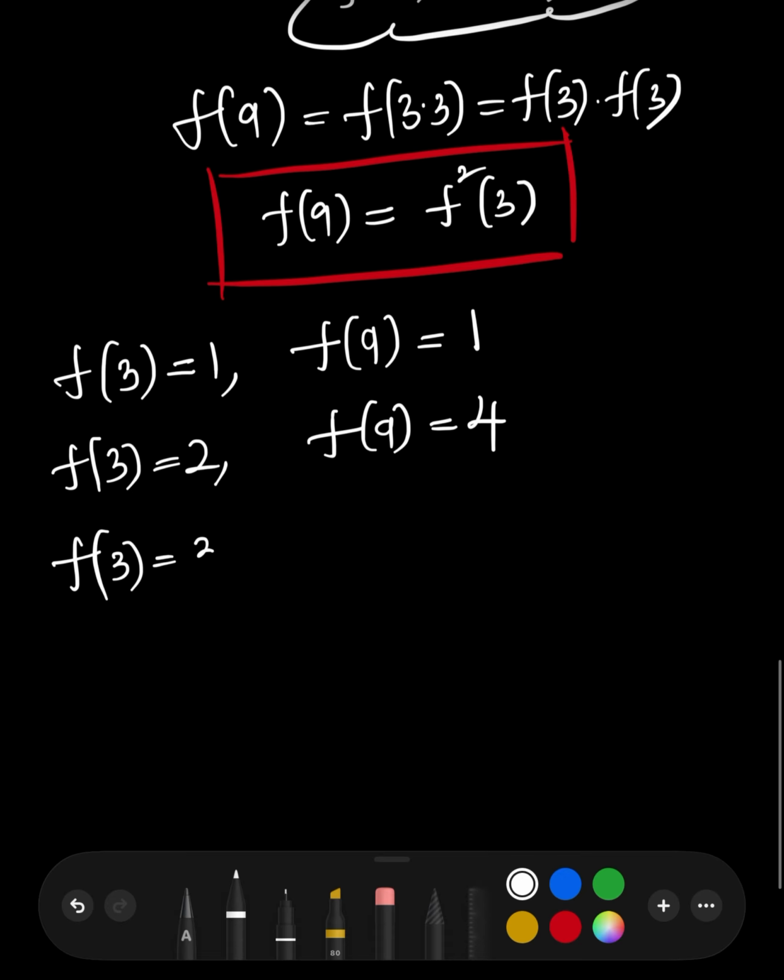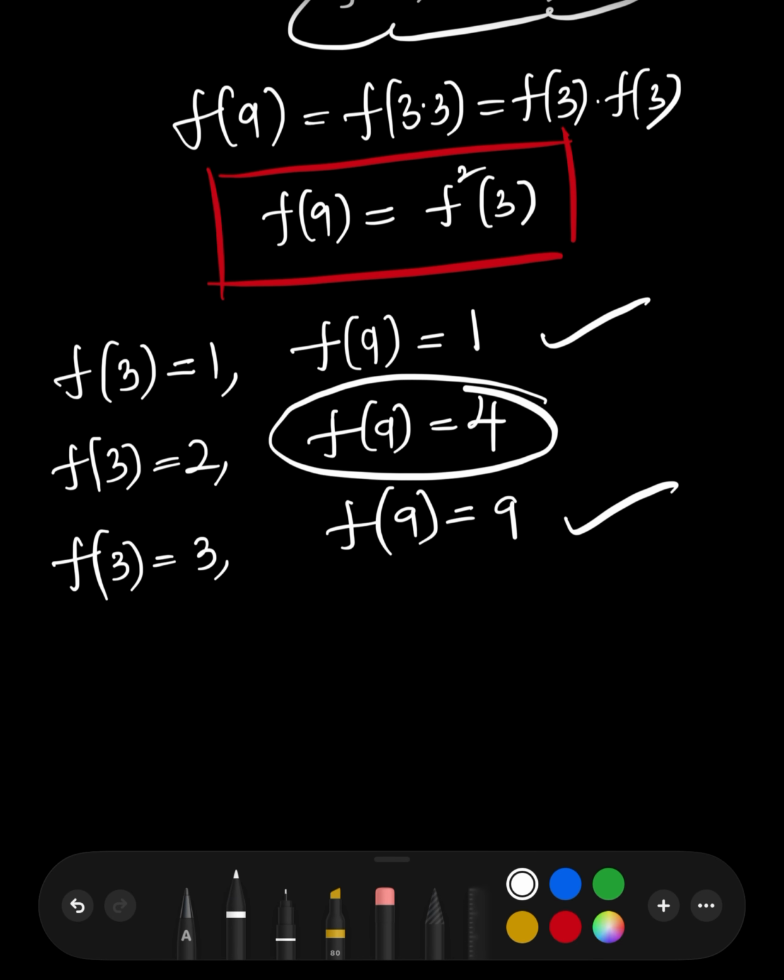Suppose f of 3 equals 3, then f of 9 equals 9. Up to this it's fine, 1 and 9 are there, but what about f of 9 equal to 4? Is 4 present in the set A? No. So can we consider f of 3 equal to 2? No.